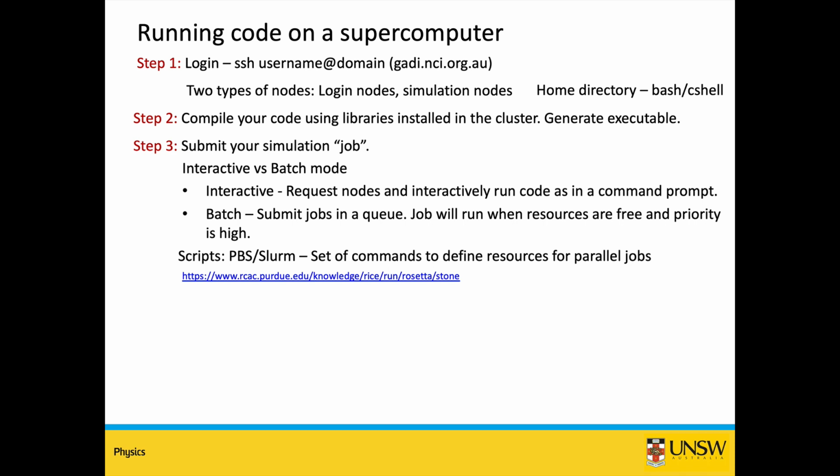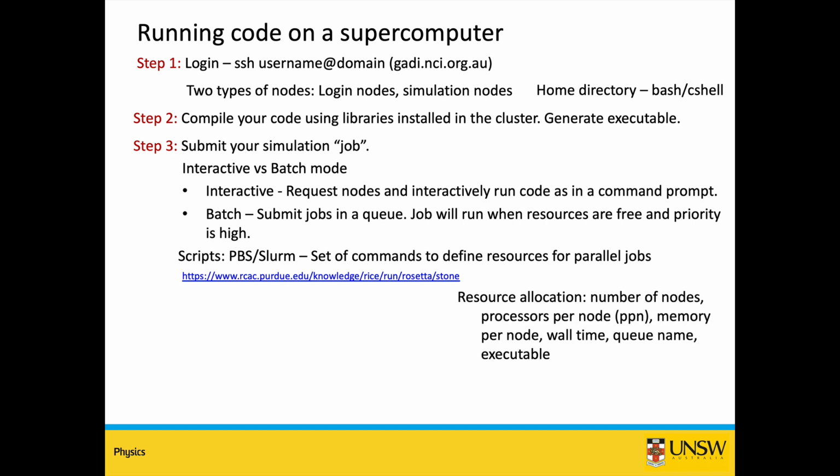And there are particular scripts to control these processes. They are called PBS scripts, or these days there's also Slurm, and they provide a set of commands to define the resources for the parallel jobs. By resources, I mean the number of nodes, processors per node, memory per node, wall time, how much time you need to run the code, all these things you have to mention.